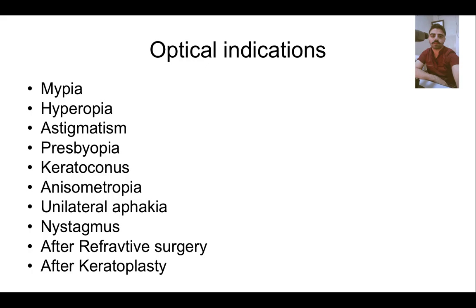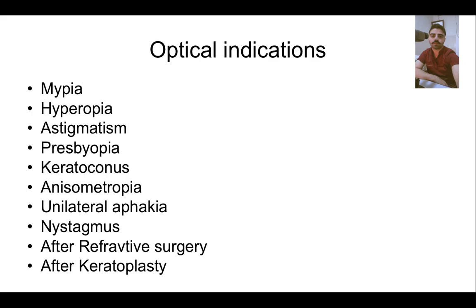And then comes keratoconus. Keratoconus is a specific kind of condition which creates irregular astigmatism, because keratoconus is a non-inflammatory ectatic condition in which the patient's cornea bulges out and creates a very high irregular astigmatism along with myopia.